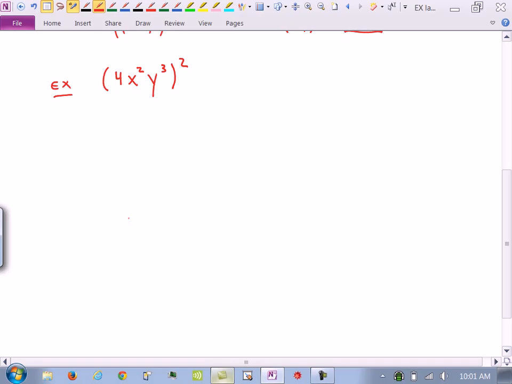We have power to power. You see that you've got powers like x squared, then you're going to want to raise that to the second, right? And then you've got a y cubed, and you're going to want to square it. Okay, well, let's back up for a second before we get too ahead of ourselves. Don't we also have product to a power? Yeah? So we have both here.